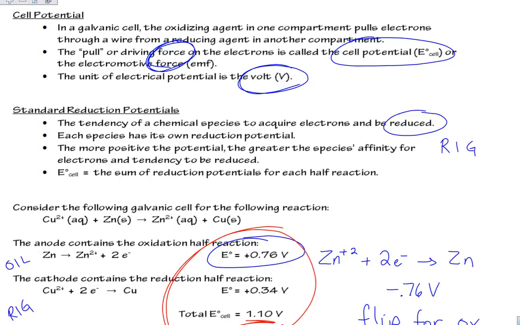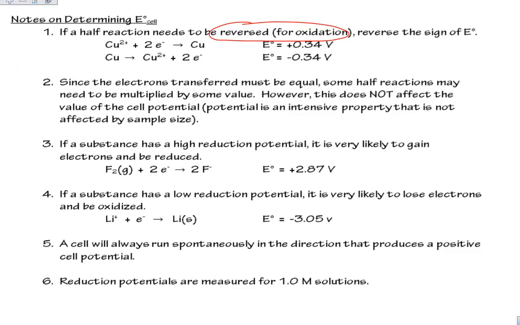But you remember how sometimes that wasn't the case and you had to multiply one of the half reactions to get the same number of electrons transferred? You do not need to do that here. This does not affect the value of the cell potential. You will never, ever multiply these. And that's a common mistake.